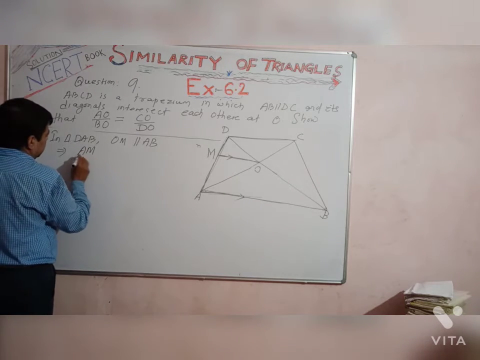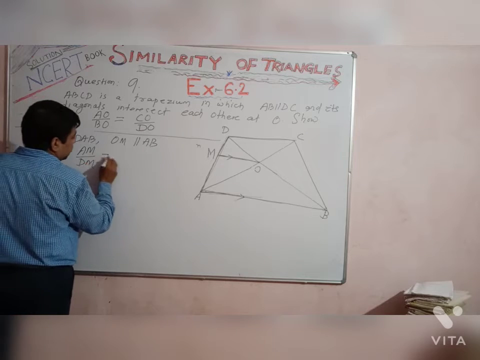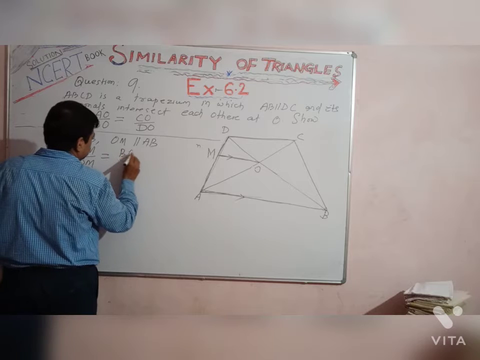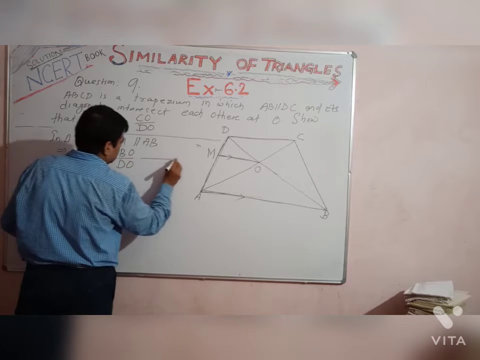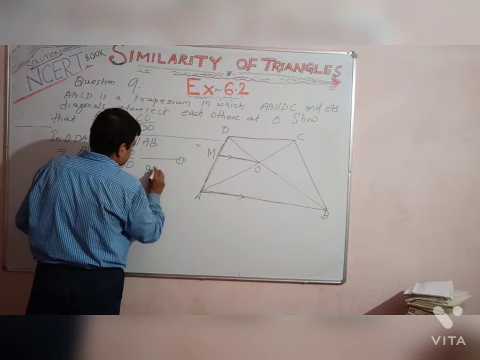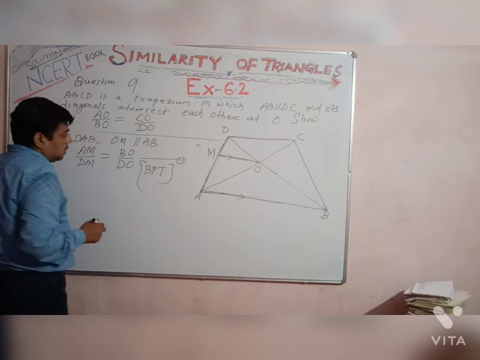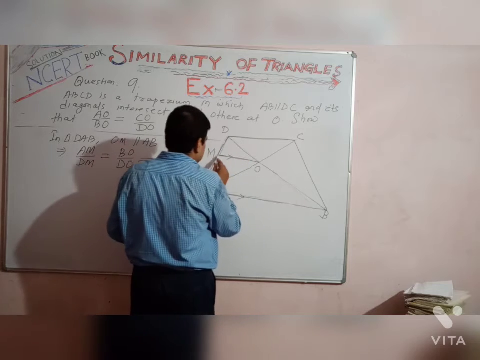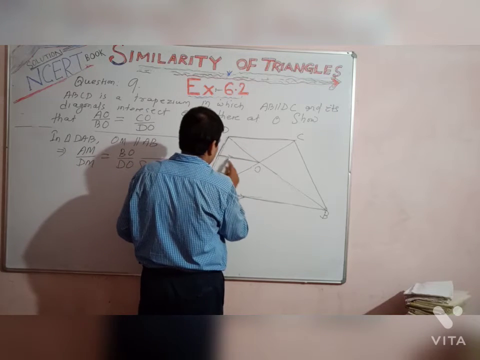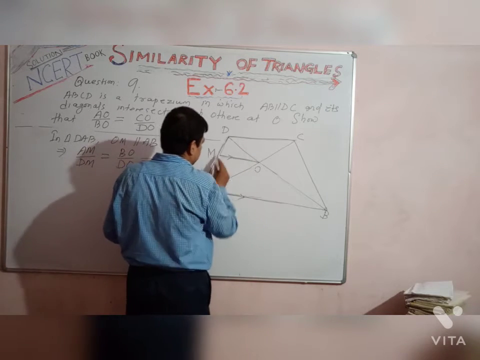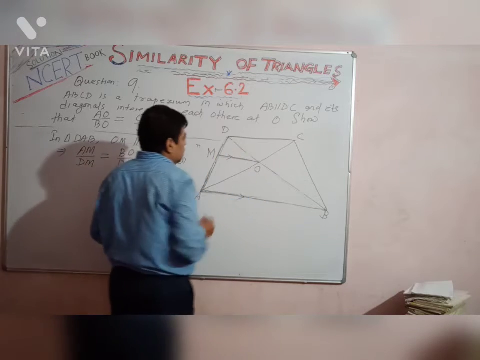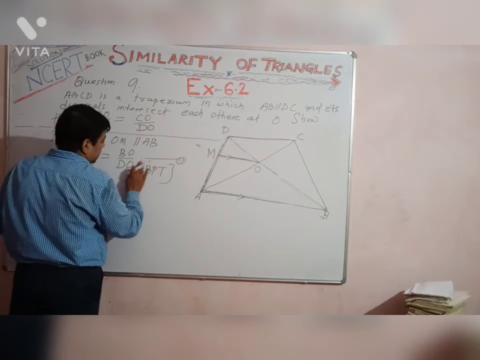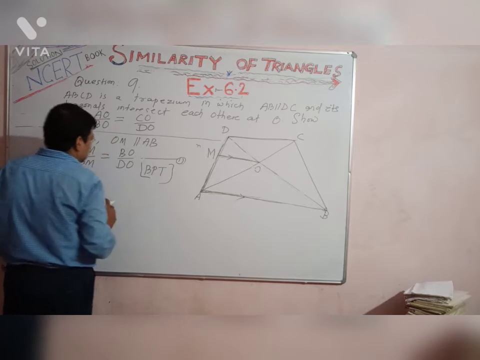AM upon DM must be equal to BO upon DO. Yes or no? By the BPT concept, in the triangle DAB, MO is parallel to AB, so AM by DM is equal to BO upon DO. If a line runs parallel to one side of a triangle, it intersects the other two sides in the same ratio. This is the BPT theorem.